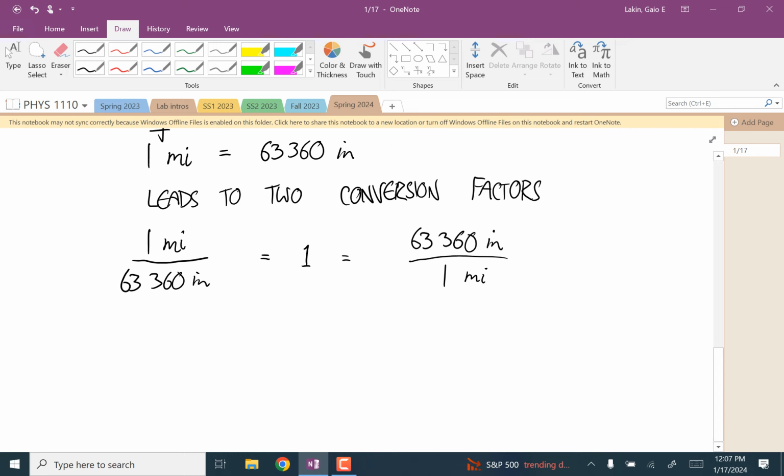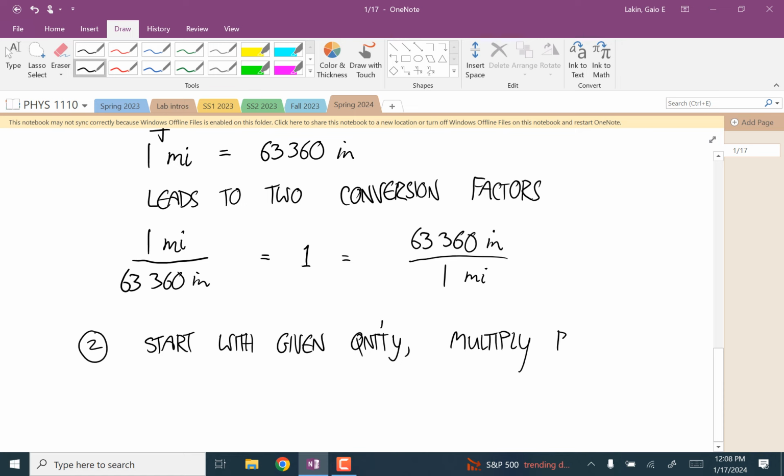And so what you're going to do is start with the given quantity, and multiply it by the conversion factor that cancels the unwanted units.